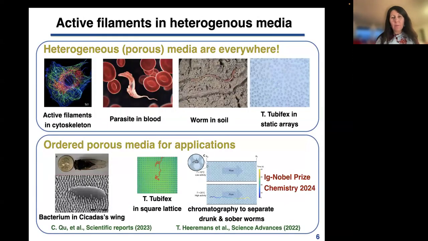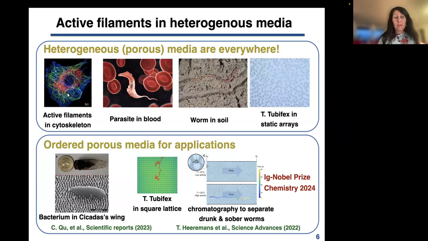As I said, my main focus today is about active filaments in heterogeneous media, and the motivation of the work again comes from biology. For example, if you look at the cell cytoskeleton, you have the actin filaments, which are driven by molecular motors, but there are also passive intermediate filaments and other types of filaments.